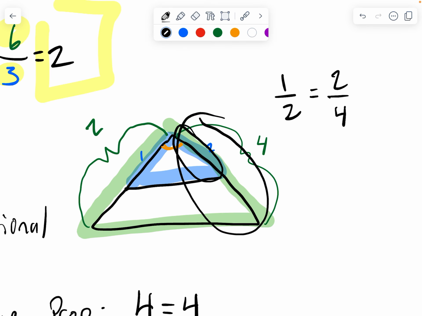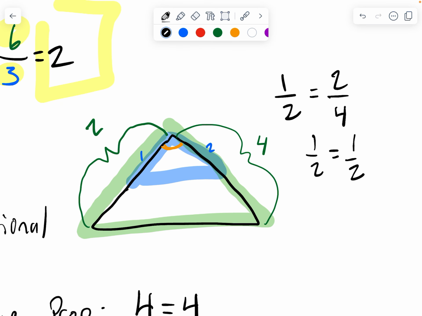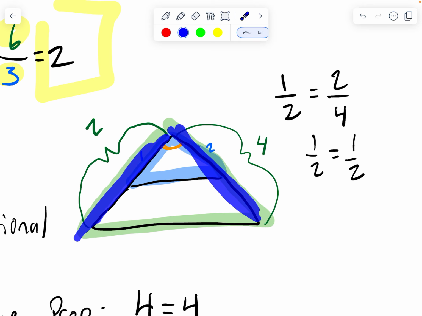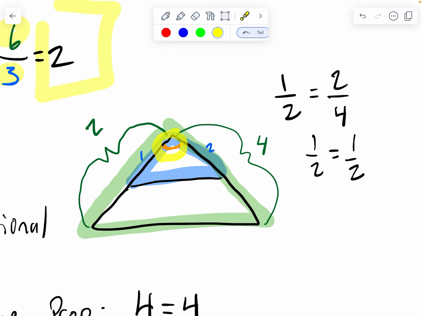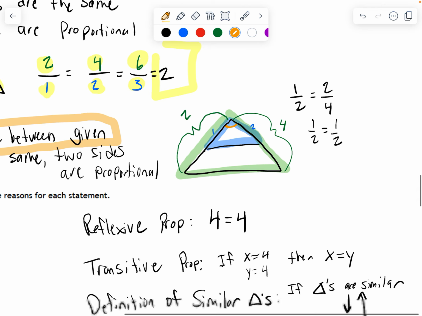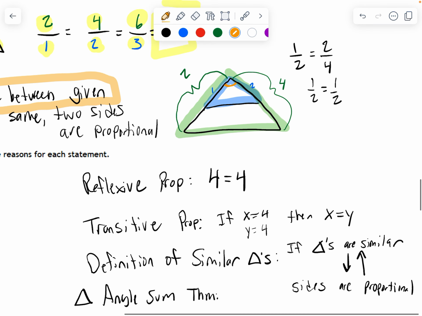And either way, those are equal. 1/2 equals 1/2. That is a true statement. Right? So our two proportions are equivalent. And the angle between those two sides, right? We have this side and this side, which means in order to use side angle side, I must know the angle between them.